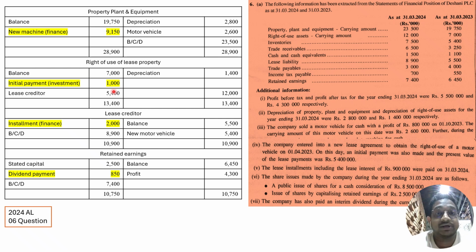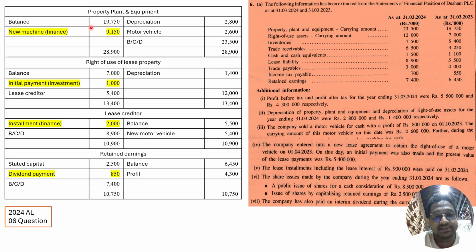And this is how to find out the initial payment at the lease when you are getting the lease property, right? And then balancing the lease creditor, the opening balance is 5,500 and the closing balance 8,900. It should credit the new motor vehicle lease, initial lease liability. Then you can find out the lease creditor payment, right?